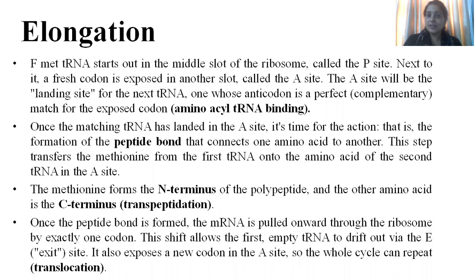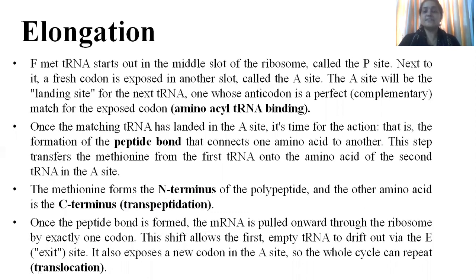And this combination will happen between the N terminus of the methionine from the P site and the C terminus from the A site, meaning the amino group will come into contact with the carboxyl group. So the methionine forms the N terminus of the polypeptide, and the other amino acid is at the C terminus. That is known as transpeptidation.